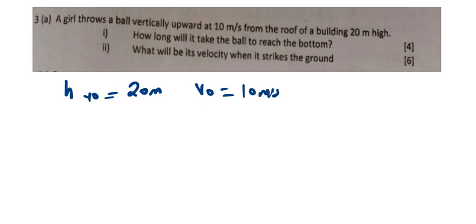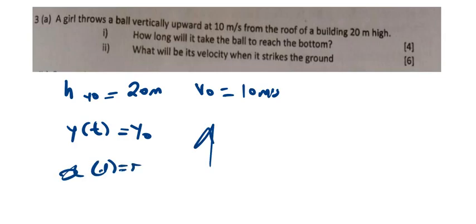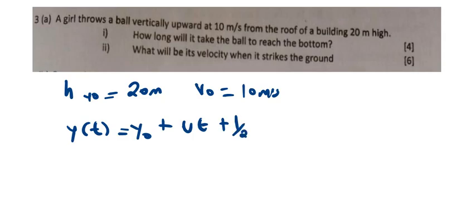From your equation of motion, y(t) equals y initial, because we're going in the y direction. Otherwise, if it was x, I would have said x(t) equals x initial. However, we're going in the y direction. Plus we now have ut plus half a t squared.